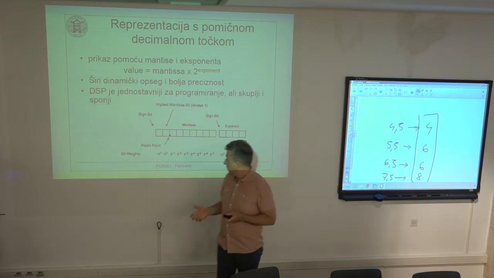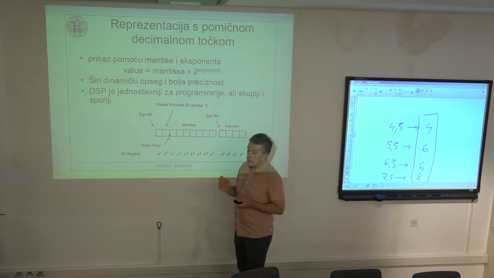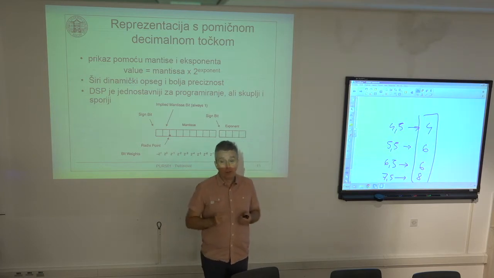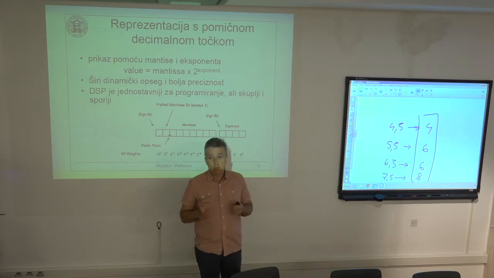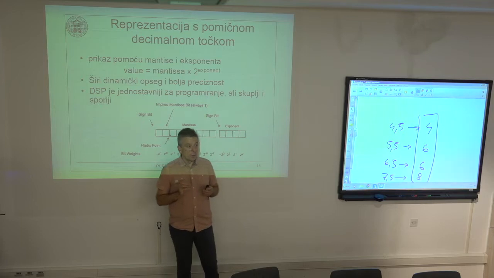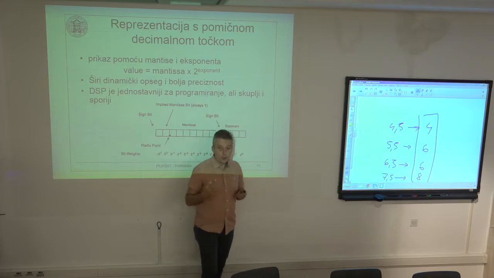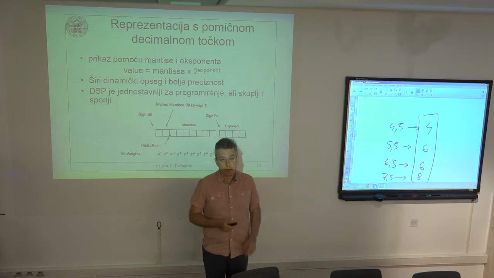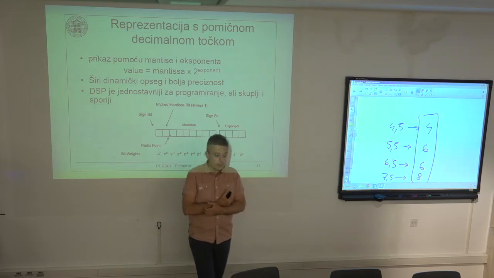Nevertheless, usually DSPs do not have floating point units, because these units are expensive in the sense of implementational complexity. To implement a floating point unit on silicon, you need a much larger number of transistors, a much larger number of gates.